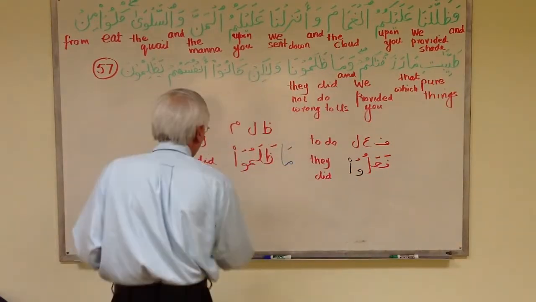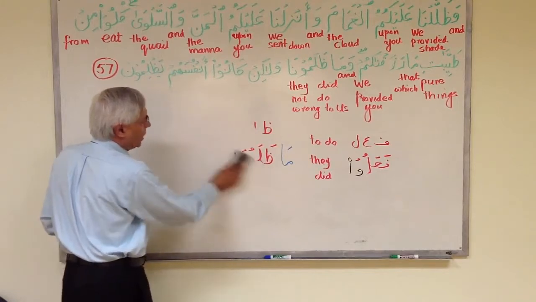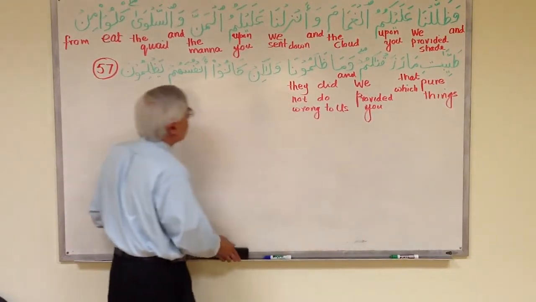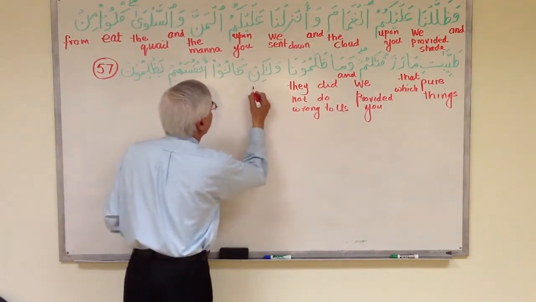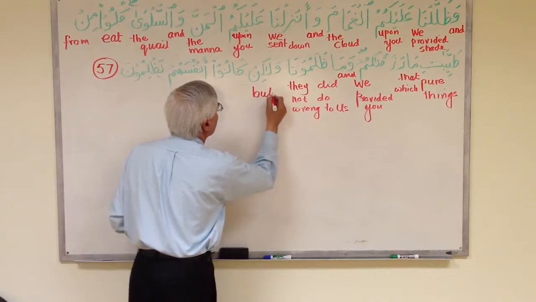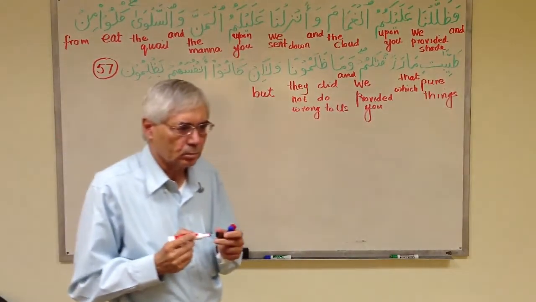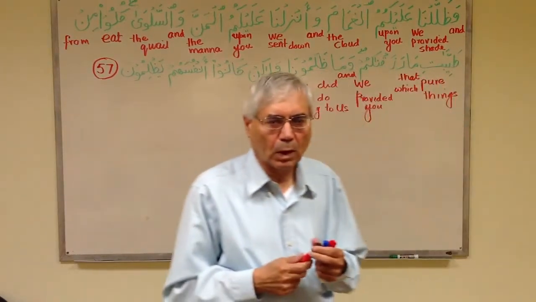Okay? But what did they do by disobeying? Walakin. Walakin means but. The word walakin means but. Lekin. Okay.